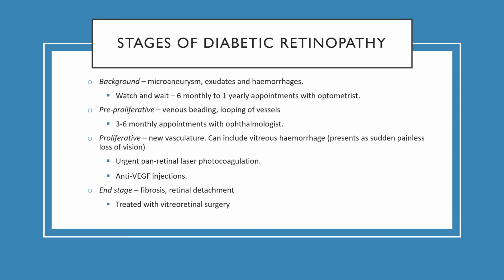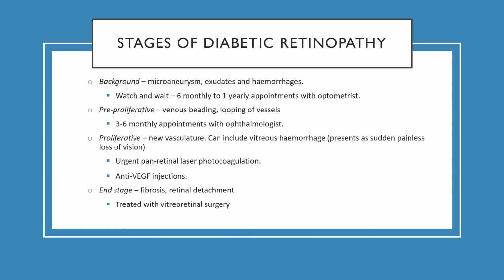Proliferative is referring to the production of new vasculature, i.e. angiogenesis. This can affect the disc as well as the retina, and as mentioned previously, the effects of this neovascularization are increased vitreous hemorrhages, and therefore these can present as sudden painless losses of vision when vessels bleed and form a vitreous hemorrhage.